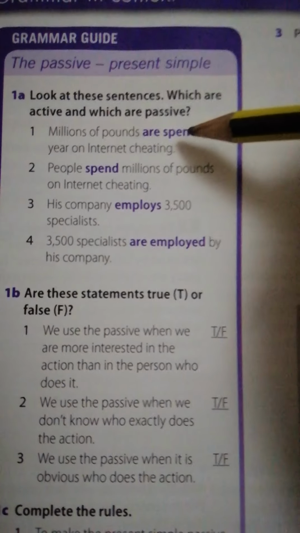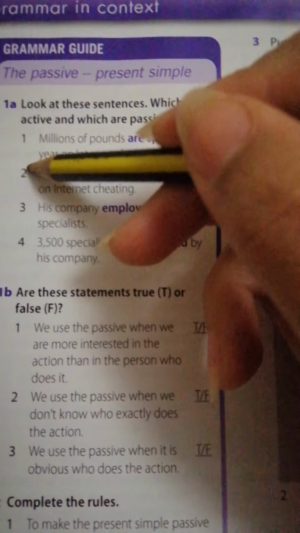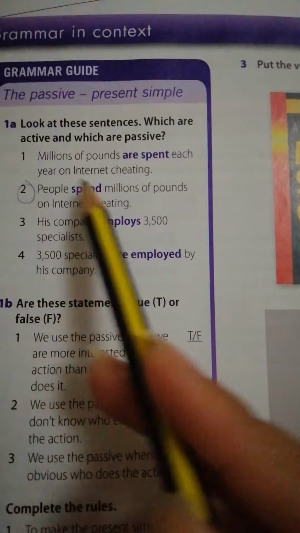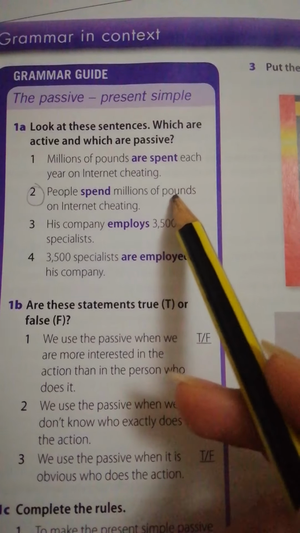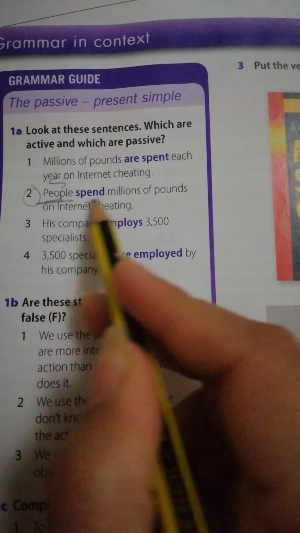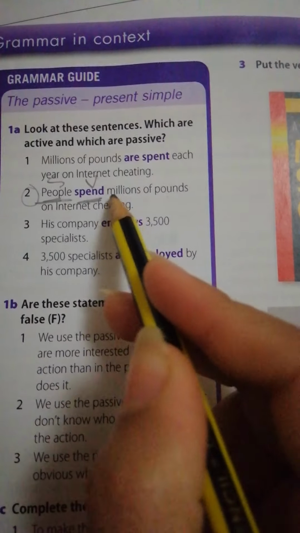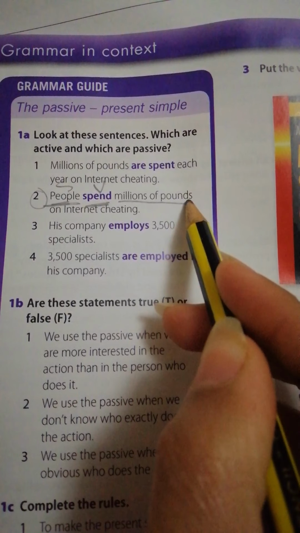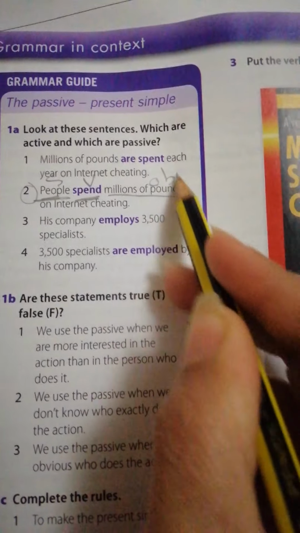For example, if you look at these two sentences in your student book, number 2, we have: people spend millions of pounds on internet cheating. So where is the subject here? People, subject. Spend is the verb, and millions of pounds is the object.